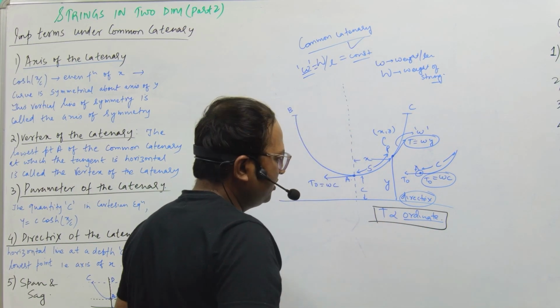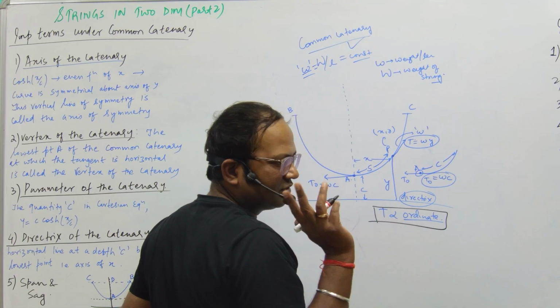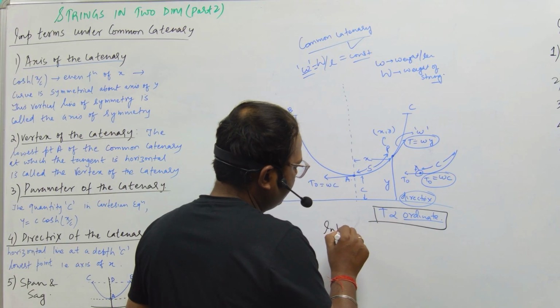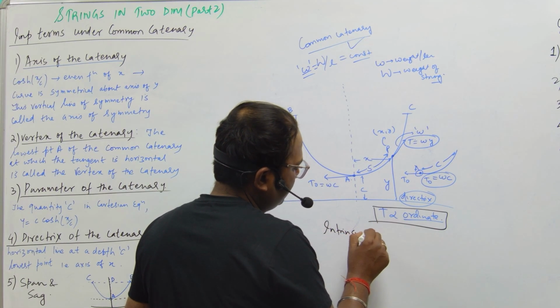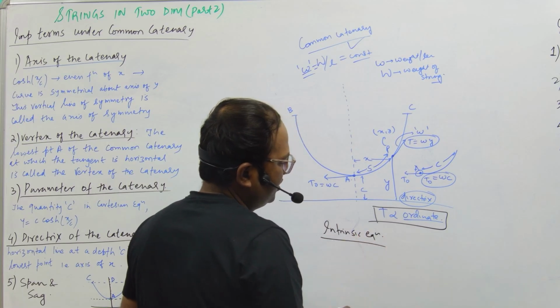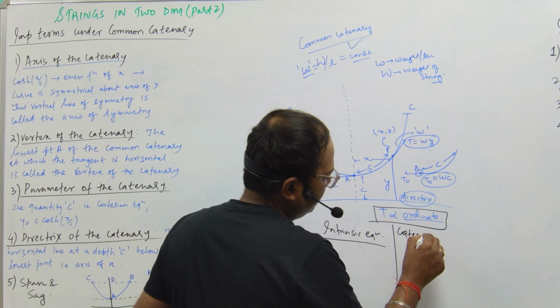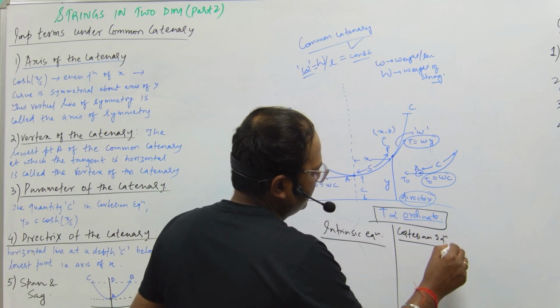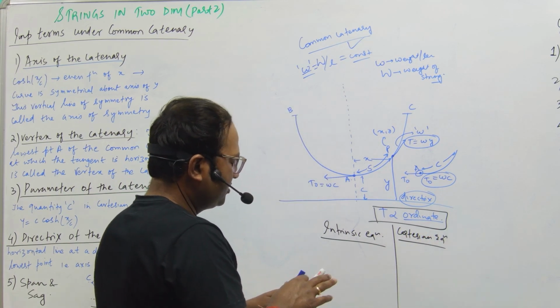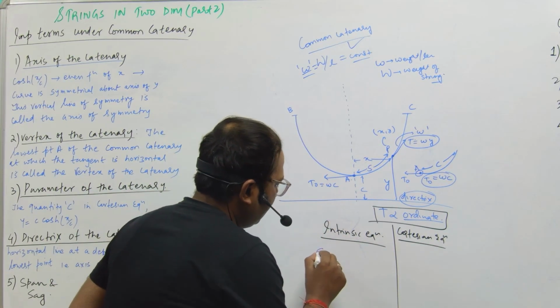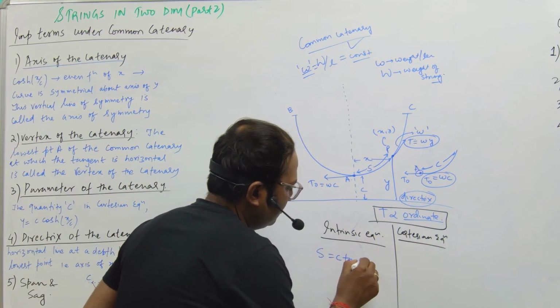Also we have seen in the previous lecture two types of equations. The first one is the intrinsic equation, and the second one is the Cartesian equation. The intrinsic equation is s equals c tan psi.